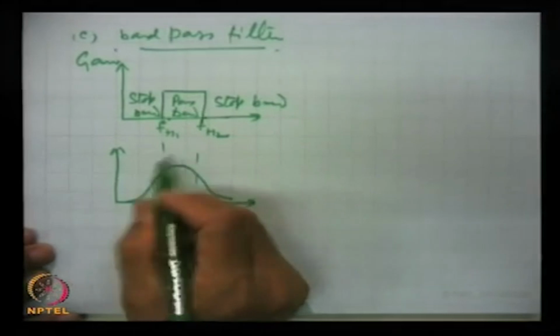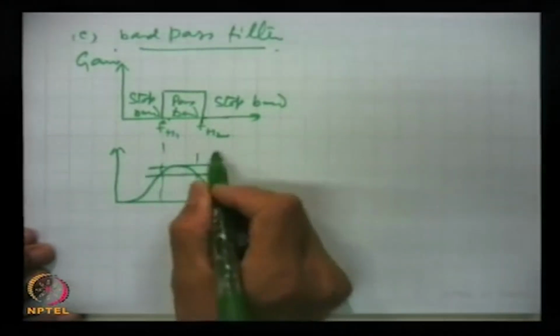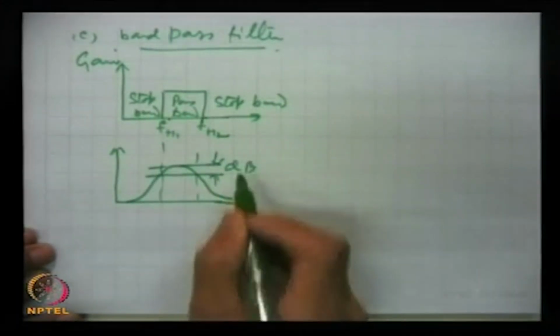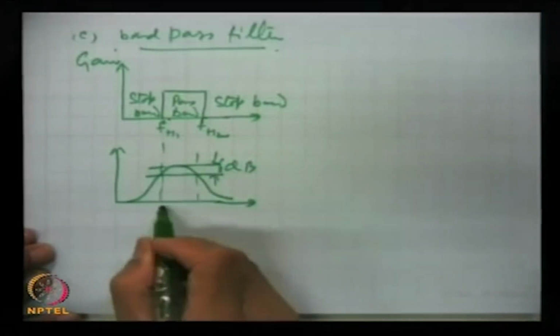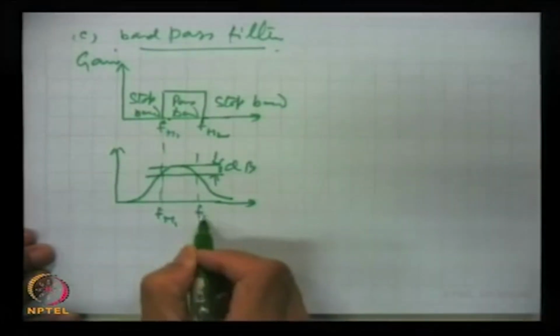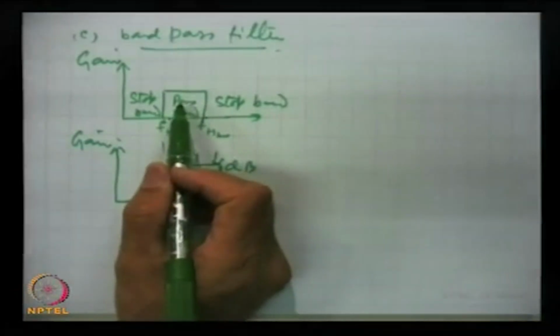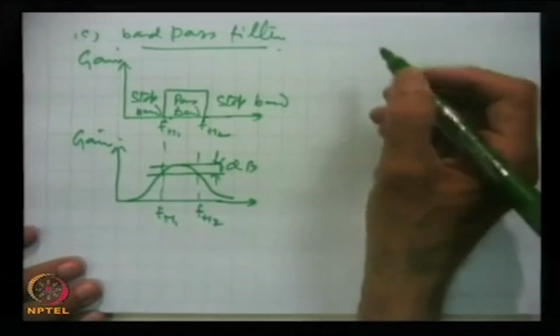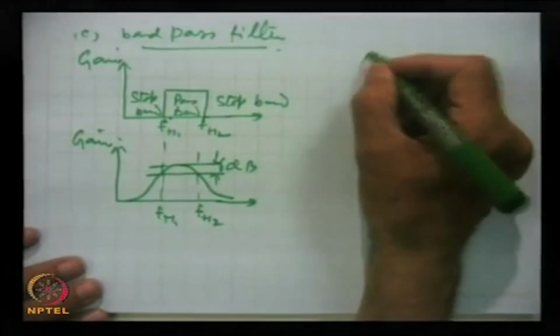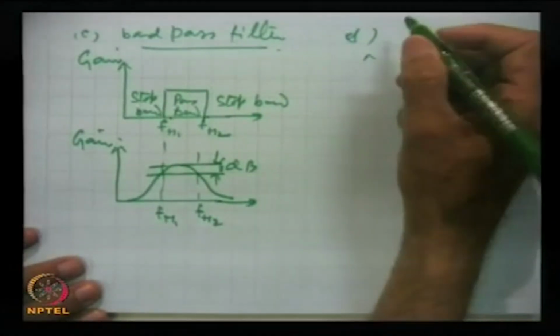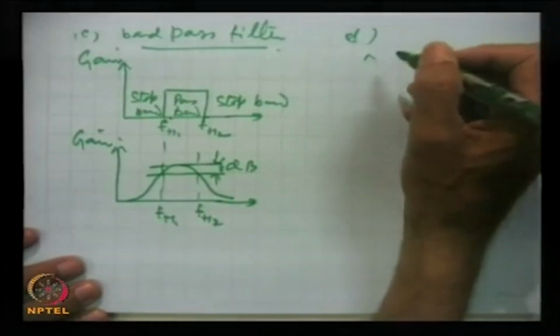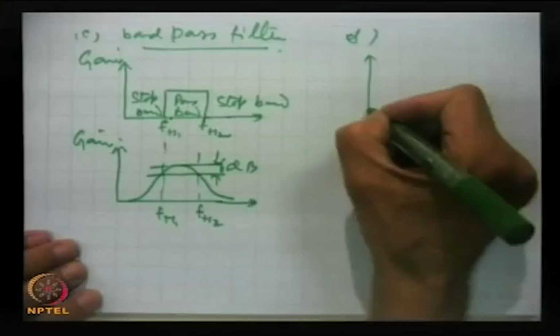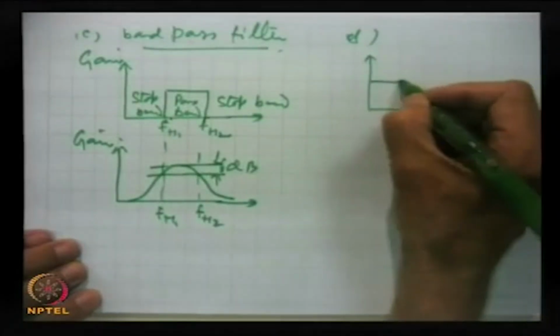And here this is a 3 dB change again, this is FH1, FH2, gain, and so this is the band pass. A band of frequencies will pass, the rest will be stopped, and finally we have the last one, the band reject or band stop. Ideally it is this.